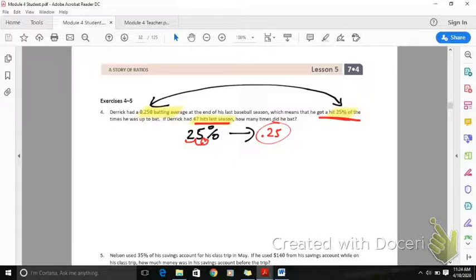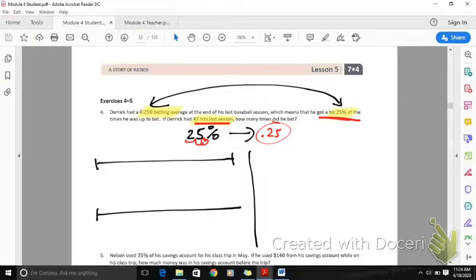So before we use the equation, I'm just going to do a double number line like we were doing at the end of school. Remember, the first one's the percent: 0%, 100%, and on the bottom is how many times he went up to bat. 0 is 0%.